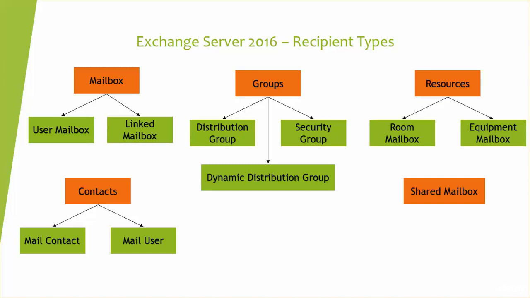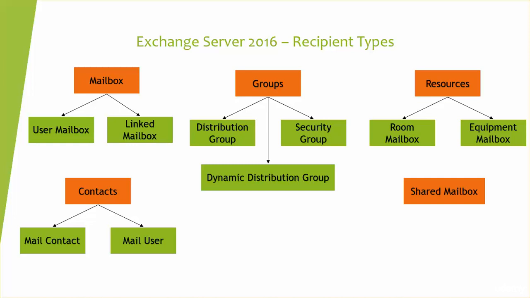And then equipment mailbox. Equipment mailbox is another recipient type, which is also great. What you can do with equipment mailbox is simply reserve equipment. For example, I need a projector, I need a laptop. You can send an email to projector at ilmjotech.local.